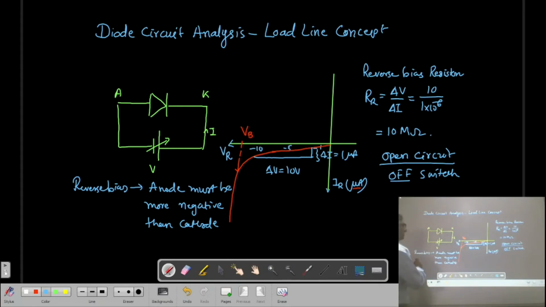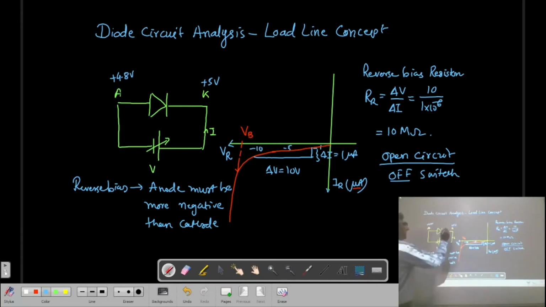Here if you take an example, let us say my cathode voltage is plus 5 volt. Then what should be the voltage of the anode so that the diode will be in reverse bias? If I apply plus 4.8 volt, it is less than 5 volt, so it is more negative than the cathode voltage. So in this condition, it is in reverse bias mode.